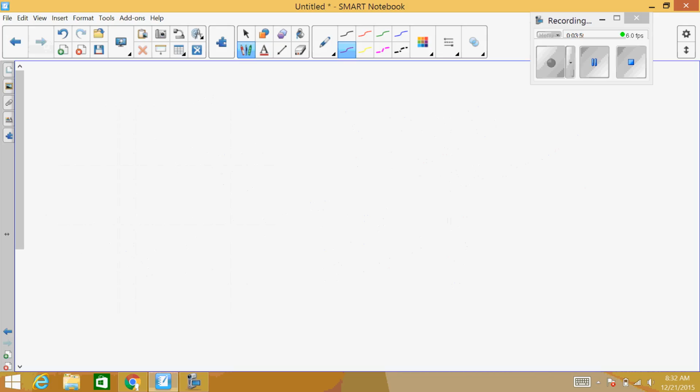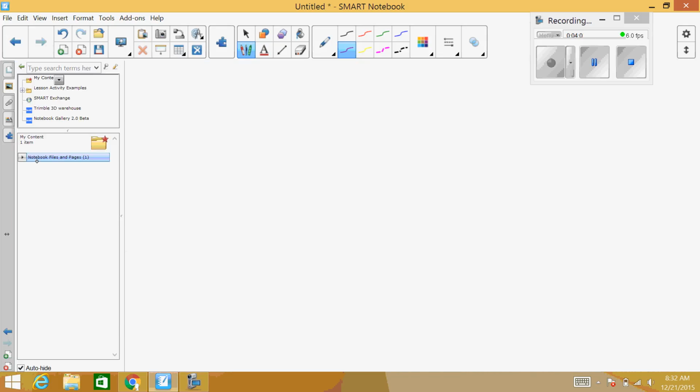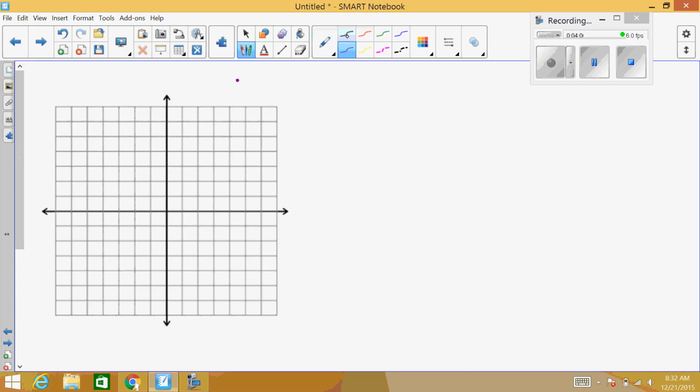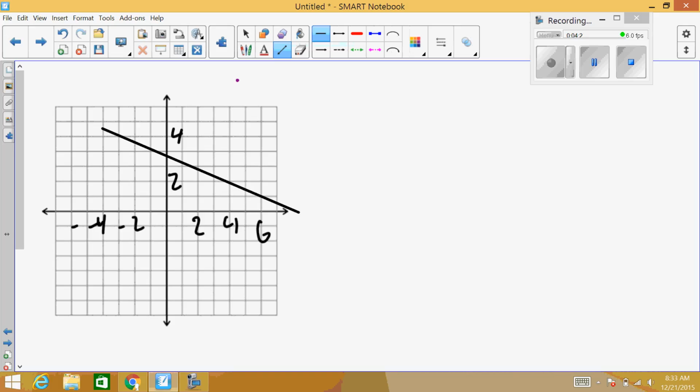But what may not work out so nicely is if we have a line that doesn't have such a nice y-intercept. So maybe I've got a line that looks more like this. When I look at this, I can't tell what that y-intercept is.